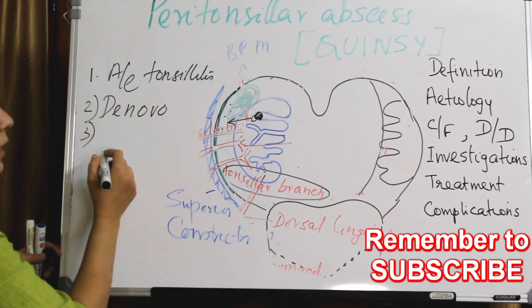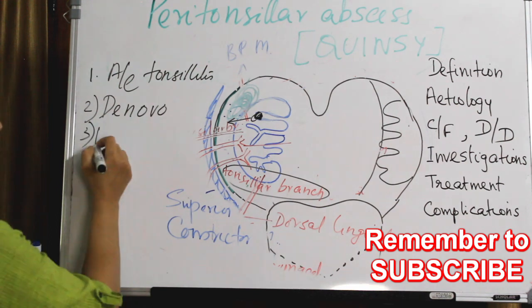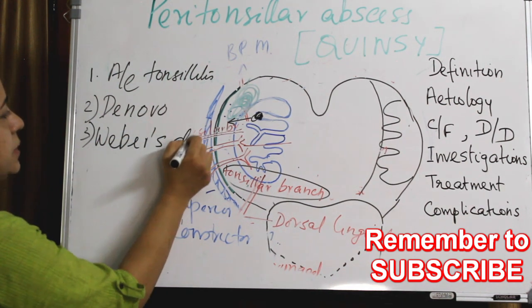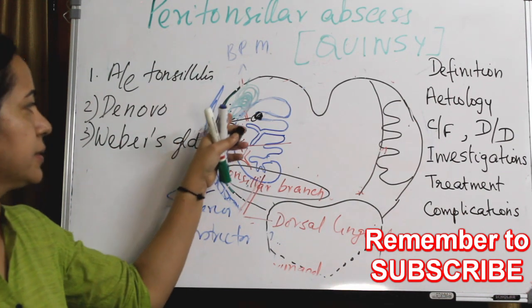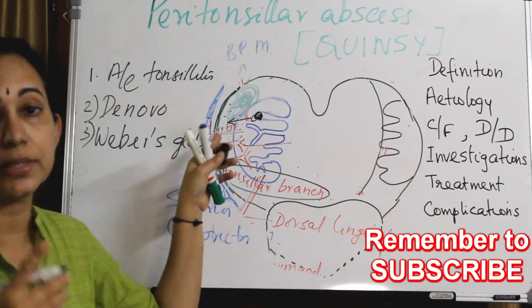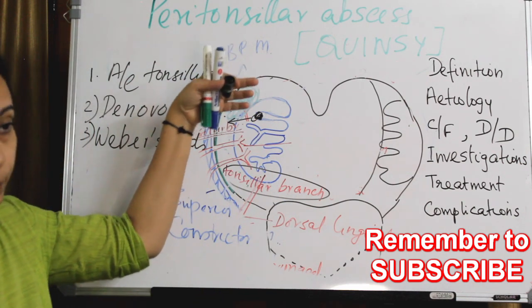And third, it can be infection of the Weber's glands. What are Weber's glands? Weber's glands are minor salivary glands present in this peritonsillar or supratonsillar space. That is why this peritonsillar abscess is more common in the upper part of the tonsil, the upper pole.